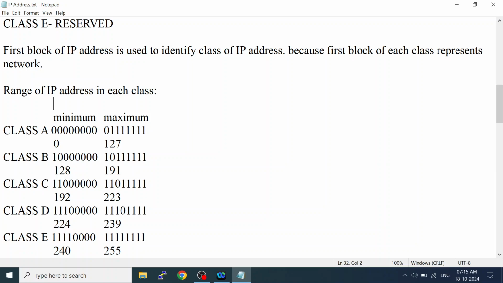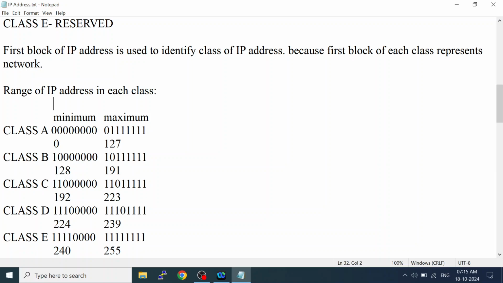That is why we identify the class of an IP address only with the first block. We have 4 blocks. In the other 3 blocks, we are not bothered about what values are there. When we have to identify the class, we will see only the first block.